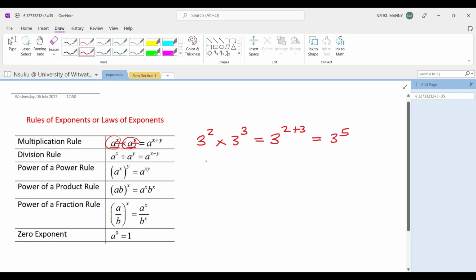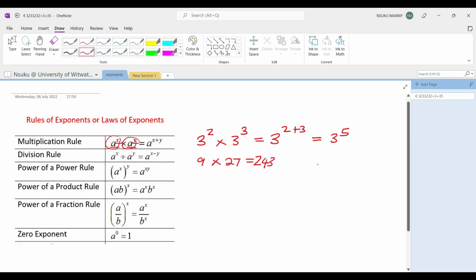And if you really want to check if the answer is correct, we know that 3 to the power of 2 is 9, 3 to the power of 3 is 27, and 9 times 27, let me just quickly get my calculator, 9 multiplied by 27 will give me 243.